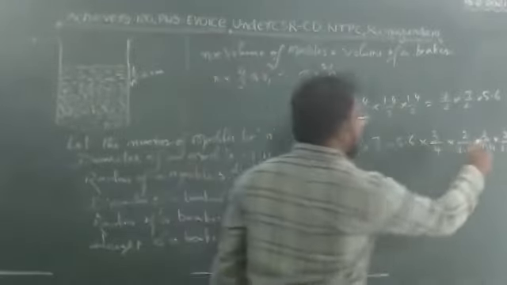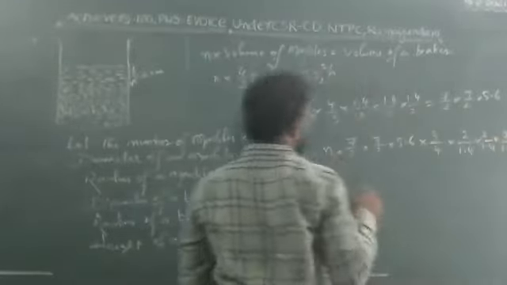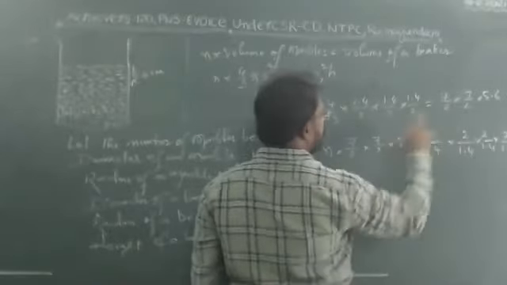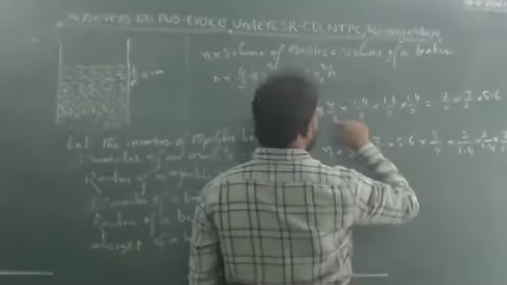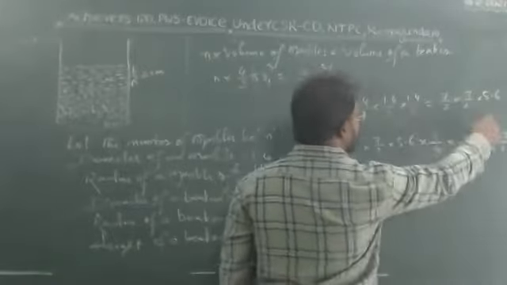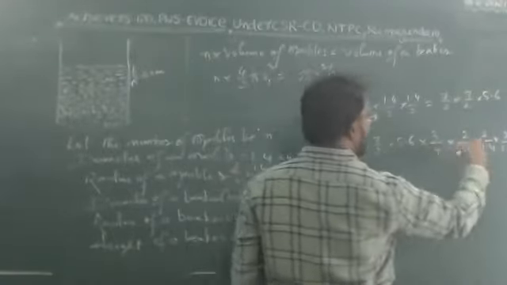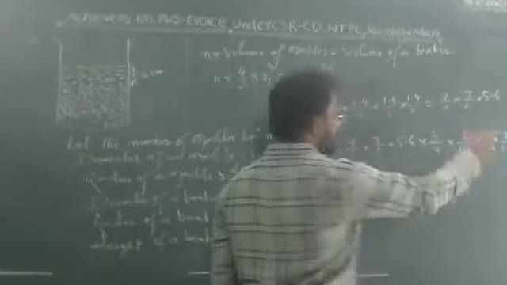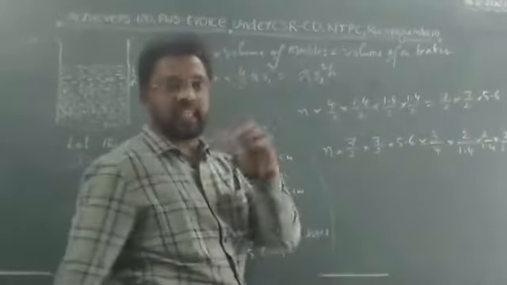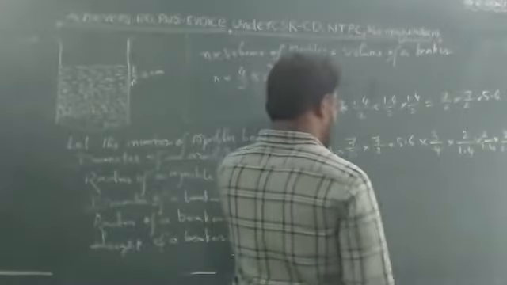Here once again 7 by 2 into 7 by 2 into 5.6. 4 by 3 sent to this side becomes 3 by 4. Now see the calculation, how easy this is.